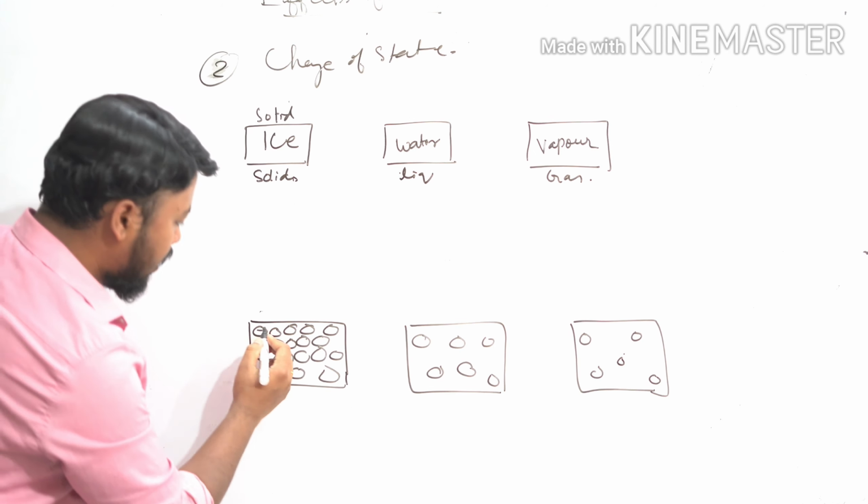Now what happens when you provide heat to something? There is a gain in the kinetic energy of the molecules, and when they gain that energy, they start to vibrate about their mean positions. When they start to vibrate, they will try to break that intermolecular force of attraction.